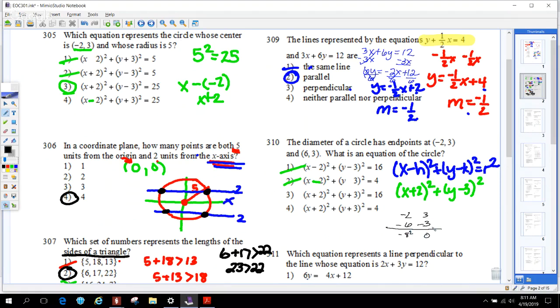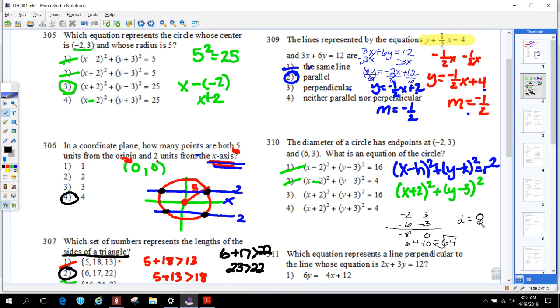Wait, what did I just do wrong? It should just be 8. Oh, thank you. So now I'm going to be left with 64 plus 0 equals 64. We have to take the square root, so we get the distance equals 8.